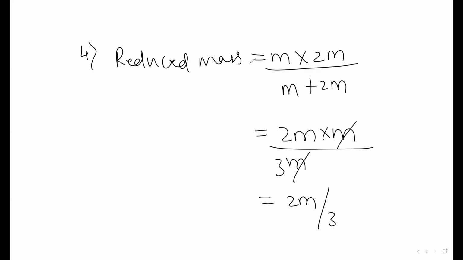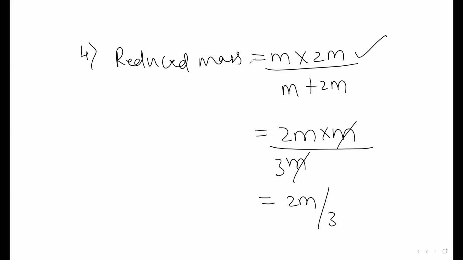So here when we observe, reduced mass is calculated by using the formula m into 2m divided by m plus 2m. They have given two particles, one having mass m and another having 2m. So reduced mass is always calculated by using this formula, m into 2m divided by m plus 2m.